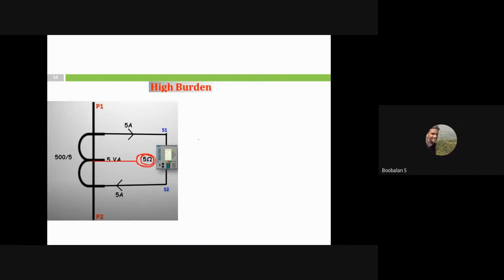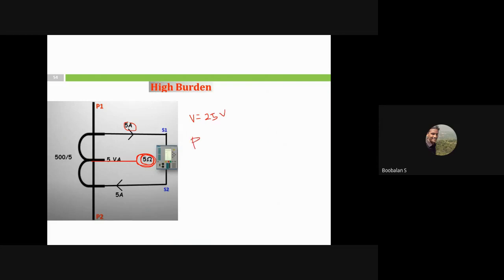So now we can calculate the high burden, because my resistance will be very high. Voltage across my CT secondary is current into resistance, 5 into 5, by Ohm's law. So 25 volts of voltage drop.